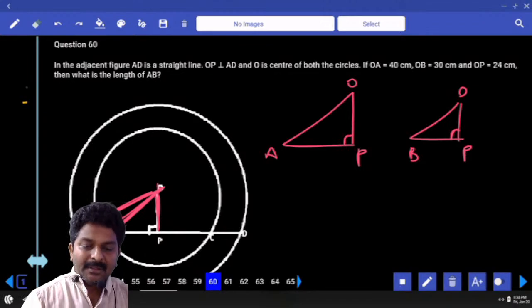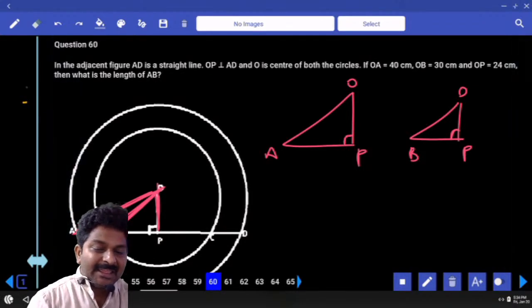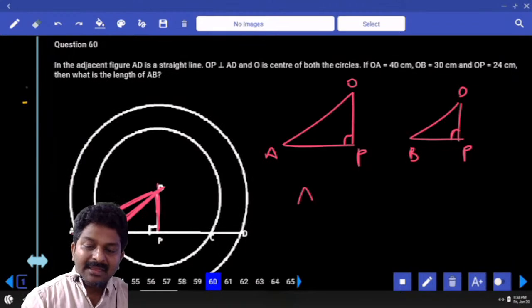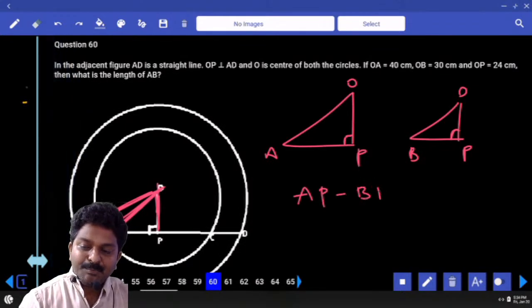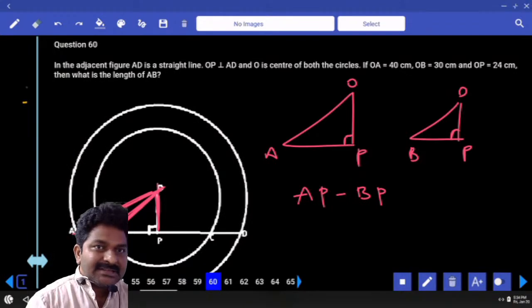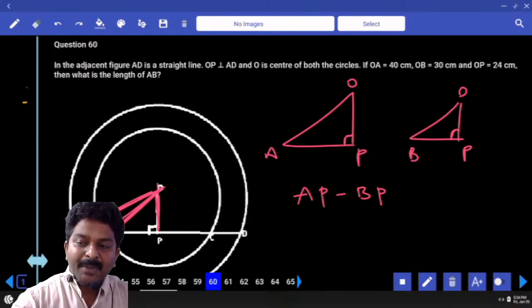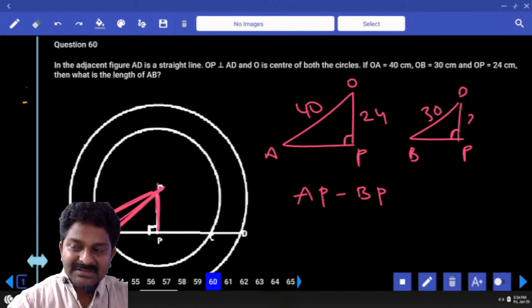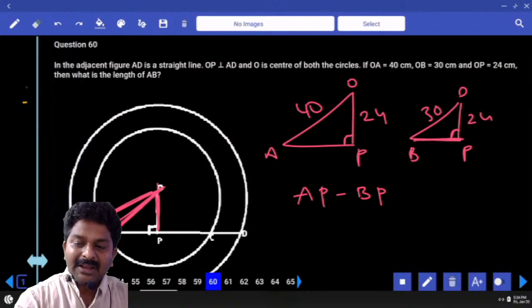When we are asked to calculate AB, AP minus BP will give you the AB value. OP is 24, OA is 40, OB is 30 and this is 24. We know how to calculate base values, so AP and BP we can calculate.